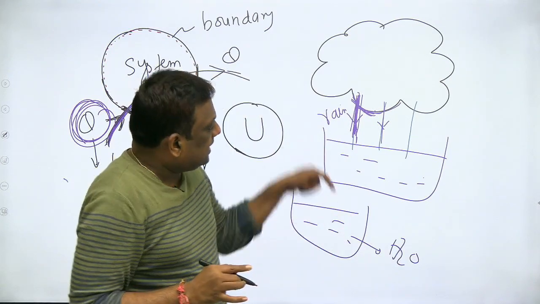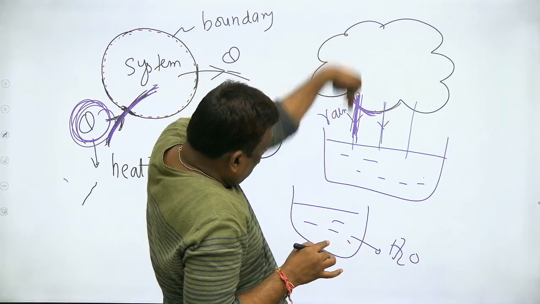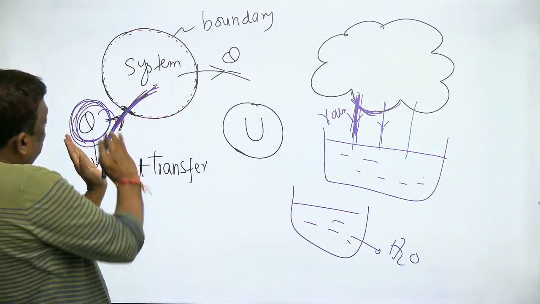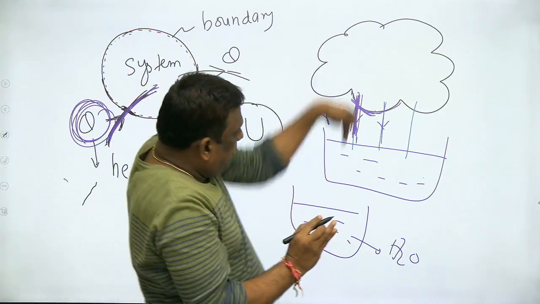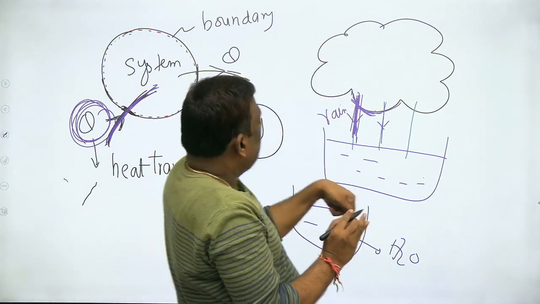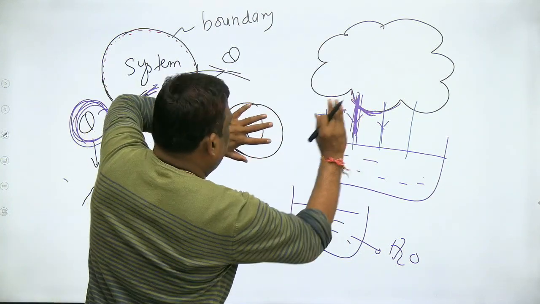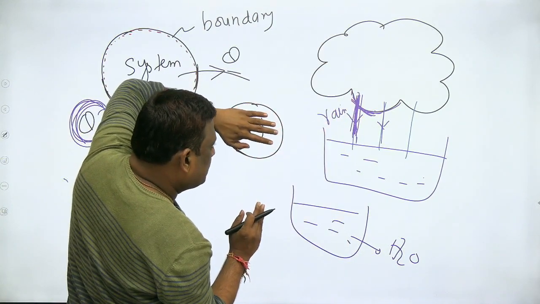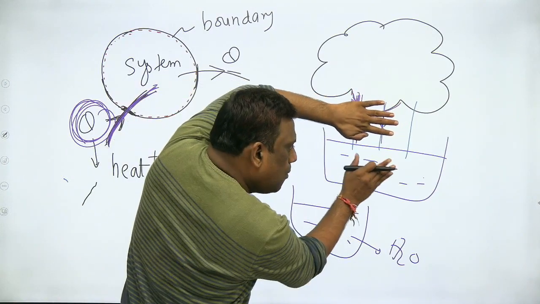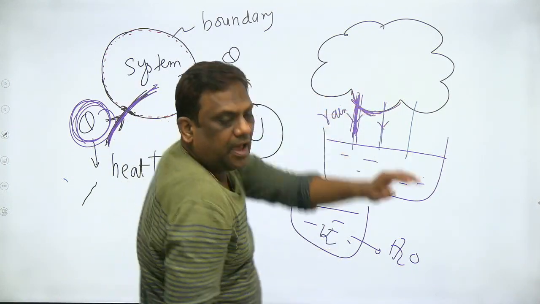Listen carefully. The word rain is used only when it crosses. The word heat transfer is used only when it crosses the boundary. Rain is used when it is crossing this boundary, and heat transfer is when it is crossing the boundary. When it stops, it is no more heat transfer, it is internal energy. When it stops, it is no more rain, it is water. All of you, have you understood?